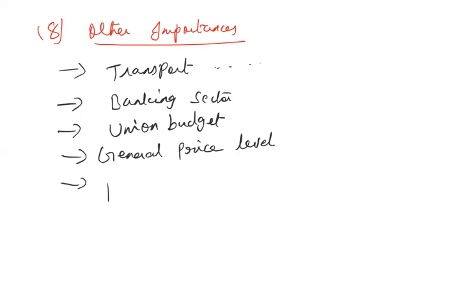And if the country wants to make policies and prepare economic plans, first and foremost importance is given to the agricultural sector, then only the other sectors.